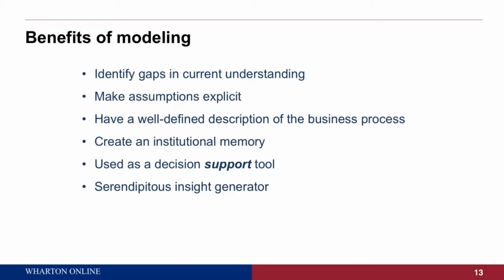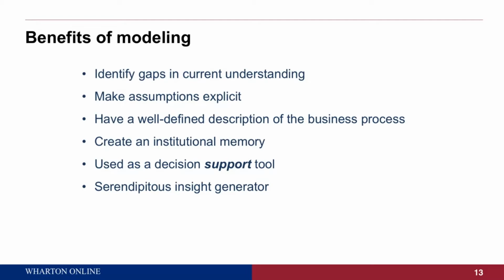It's often the case that people are using models without having made underlying assumptions explicit. And so one of the benefits of creating a useful model is that you will have explicated what those assumptions are. So they're on the table. Everybody can see what you're assuming as you come up with your recommendations from that model.